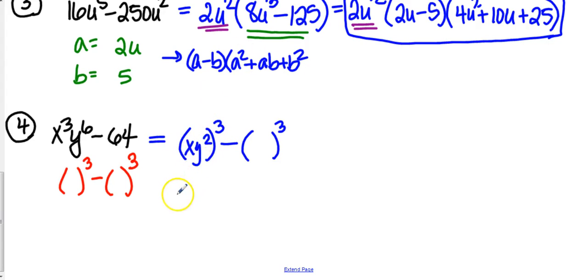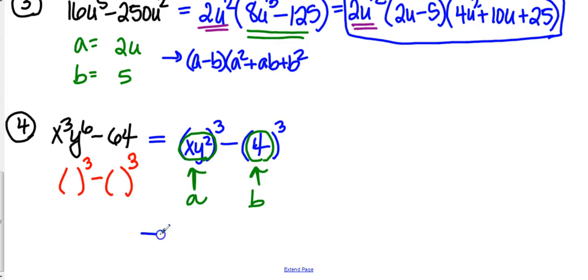So here's my A value, this whole thing right here, xy squared. And B is 4, because 4 cubed is 64.